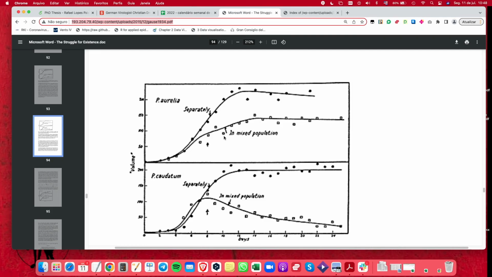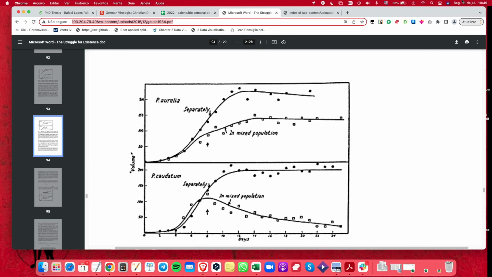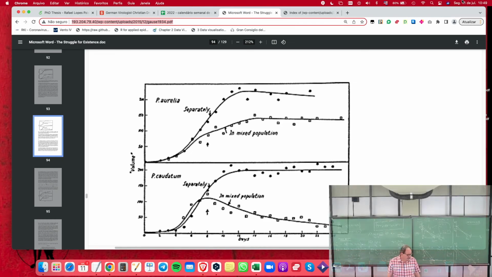There was even a marvelous paper, also by Hutchinson, which is the paradox of the plankton. If you take a bucket of water with plankton, you have thousands of species. But phytoplankton only have as resources oxygen, nitrogen, phosphorus, or some 6 or 7 or 10 elements.